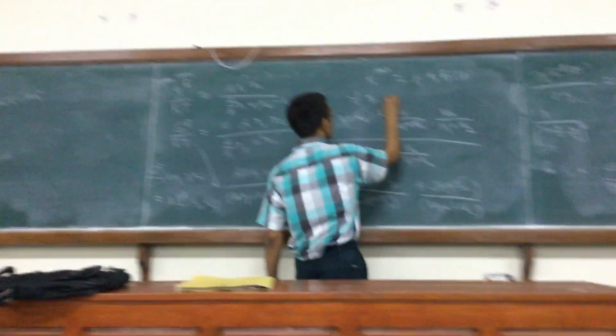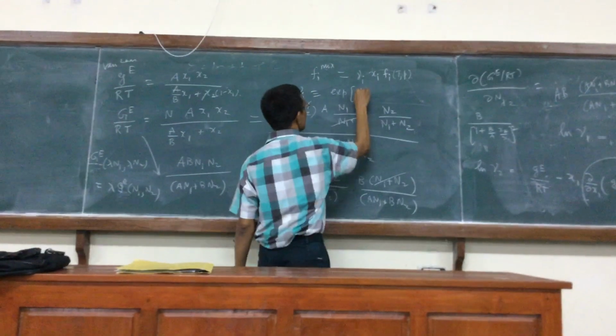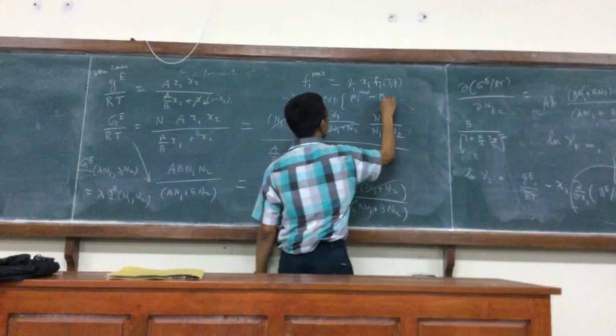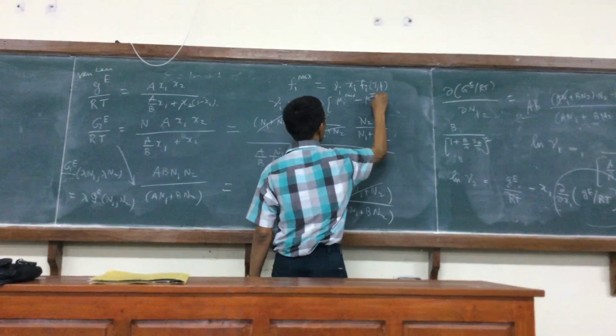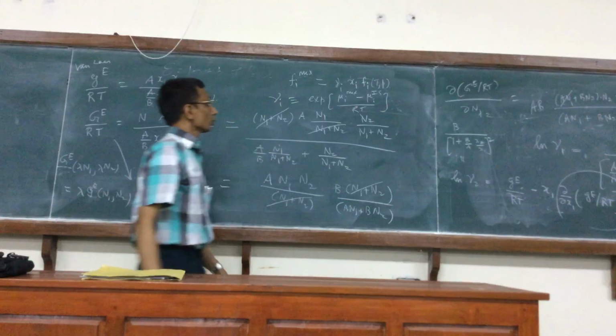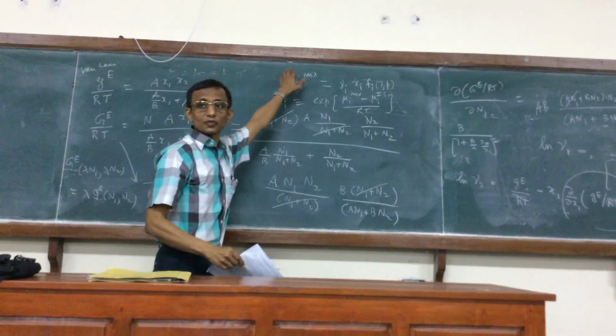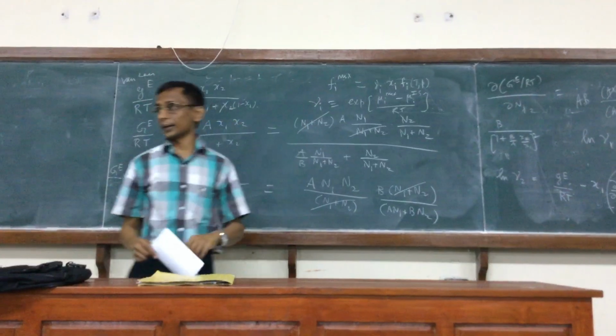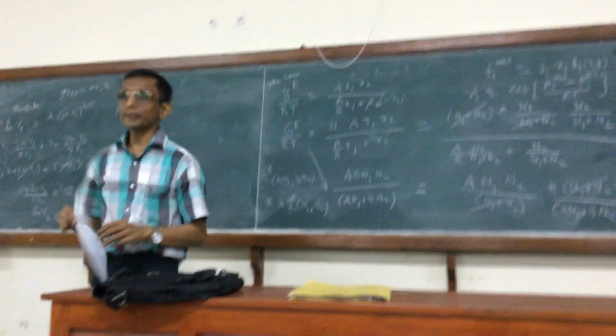But the way we define it was through the chemical potential. Gamma I in terms of the fugacity will be given by this expression. Now you can clearly see that.